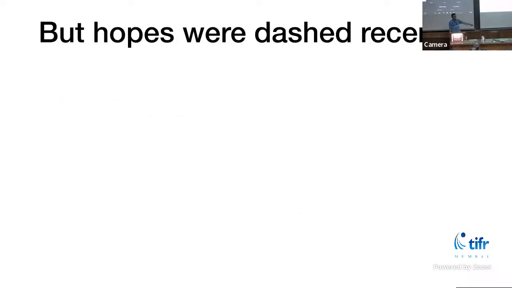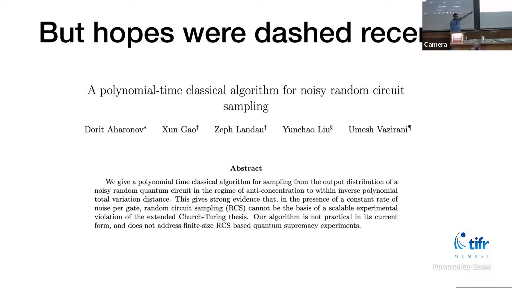But hopes were dashed. Very recently, last year, there was a paper which showed that random circuit sampling with depolarizing noise becomes classical polynomial time at log depth as well, no matter what polynomial precision you choose. So that's bad news for this quantum supremacy, quantum speedup type business.